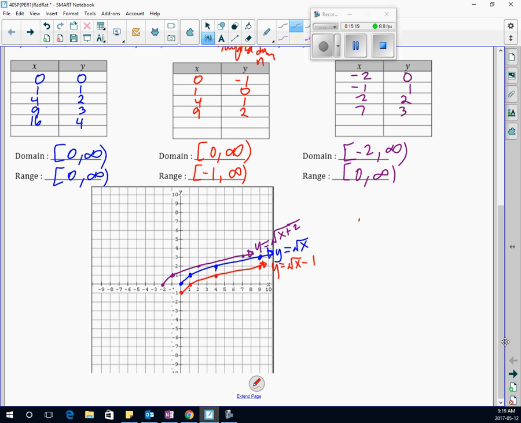But if I pick something fractional, like 1/4, that would become 1/2. So if I were at 1/4 here, I would be at 1/2. Do you see it actually goes like this? Do you see what I'm saying? And so we need to fix that up a little.